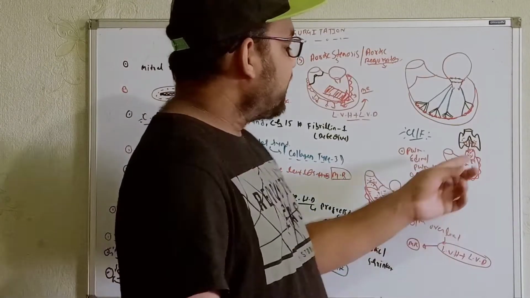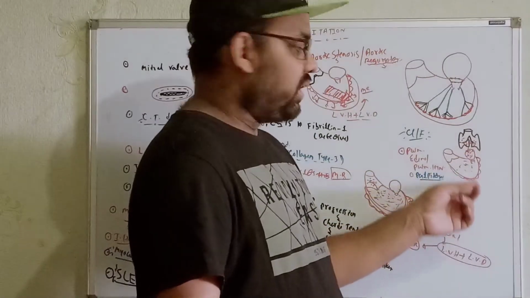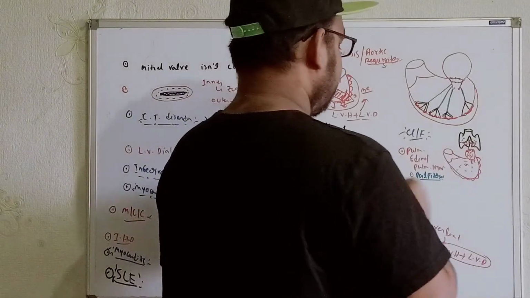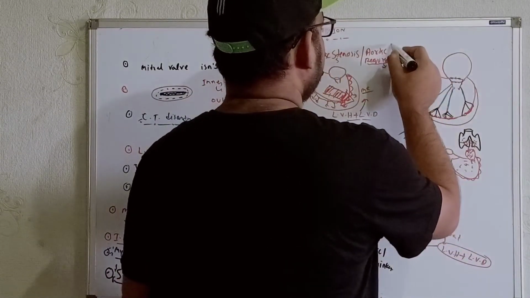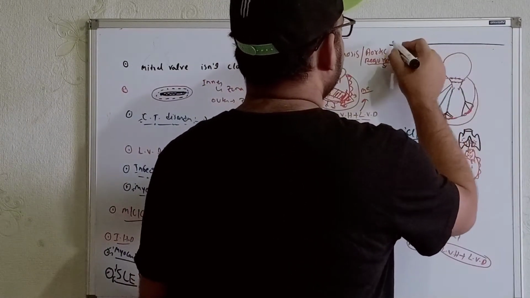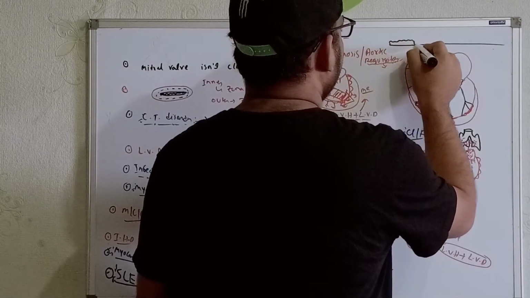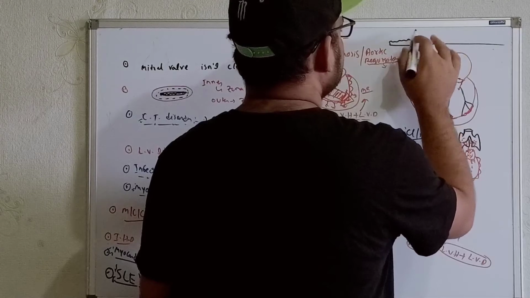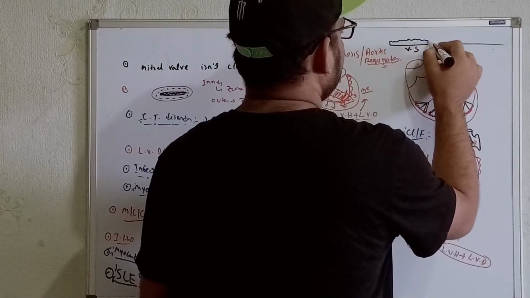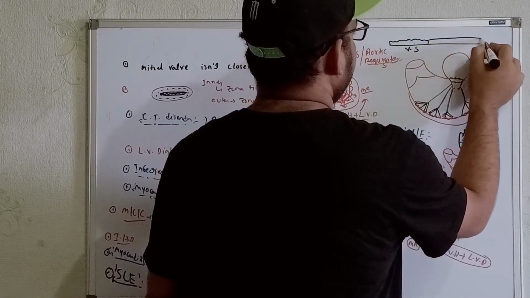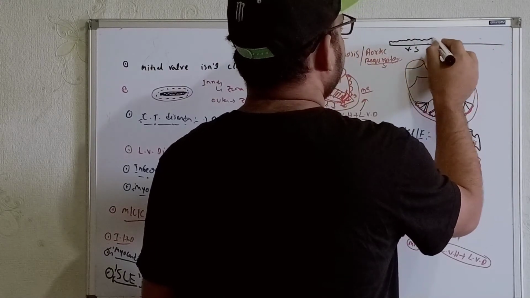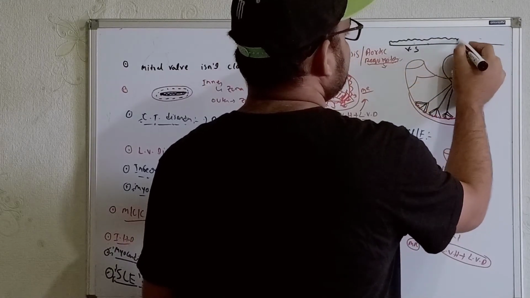So in between S1 and S2, let's write it out, then it will be easier for you to understand, guys. For example, this is the ventricular systole, and this is the ventricular diastole.